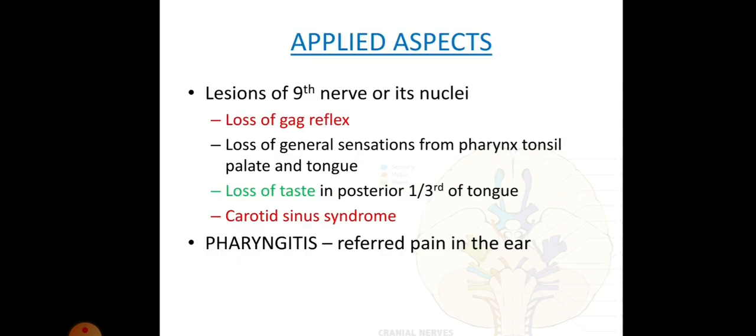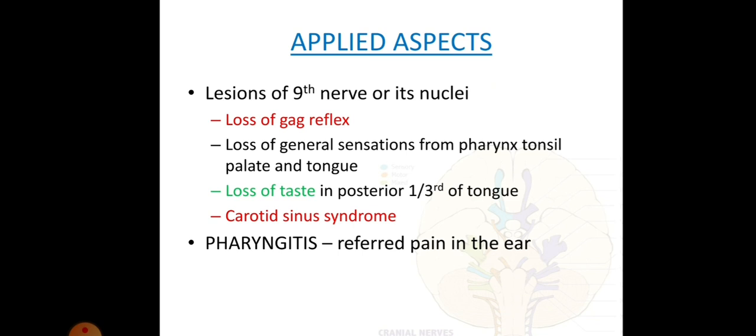So what are the applied aspects? The lesions of the ninth nerve are usually seen along with lesions of the 10th nerve, that is the vagus nerve also, and it manifests as loss of gag reflex and loss of general sensation from the pharynx, tonsil, palate and tongue, then loss of taste sensation from the posterior one third of the tongue.